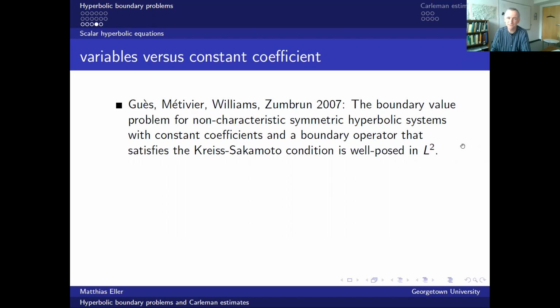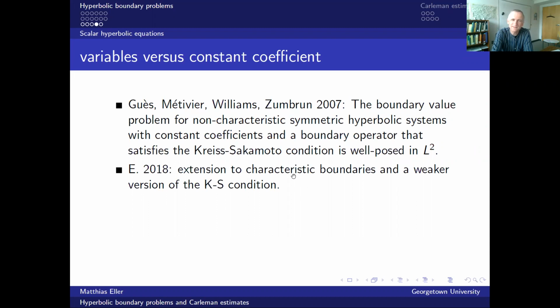So you can essentially use the Kreiss-Sakamoto condition on symmetric hyperbolic systems. There's no strict hyperbolicity or constant hyperbolicity required here. It comes from the fact that the definition of the Kreiss condition doesn't require strict hyperbolicity, so you can actually use it. That's kind of interesting.